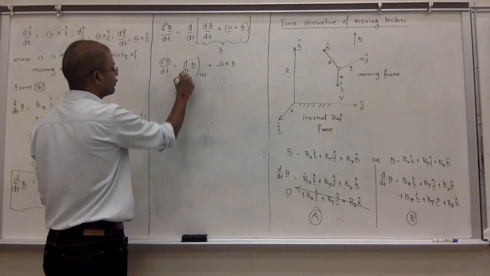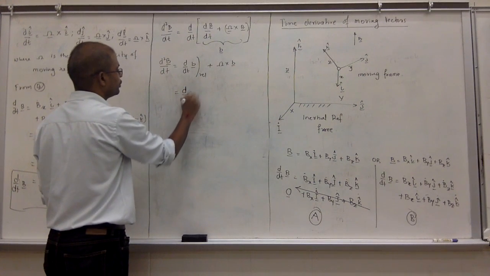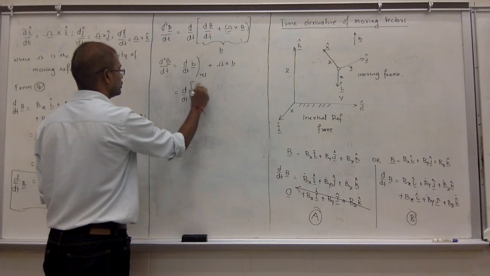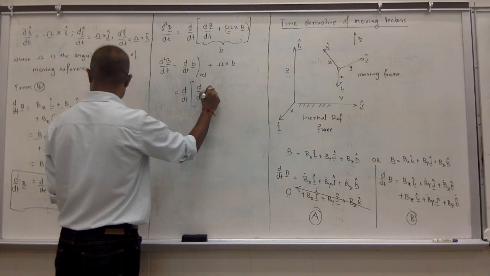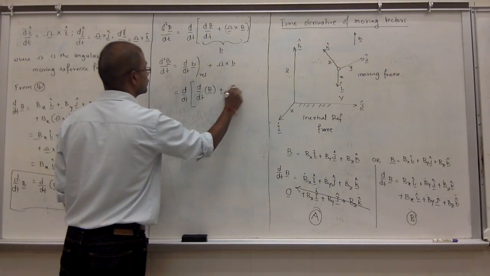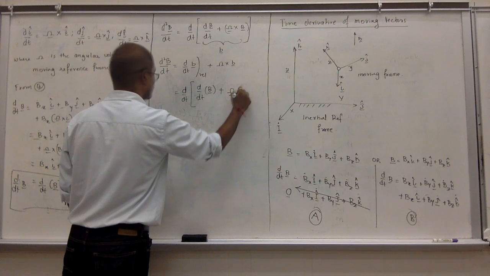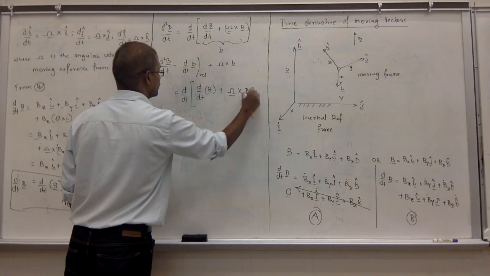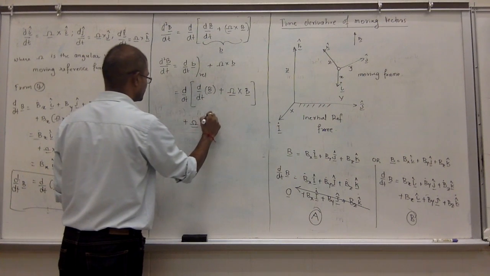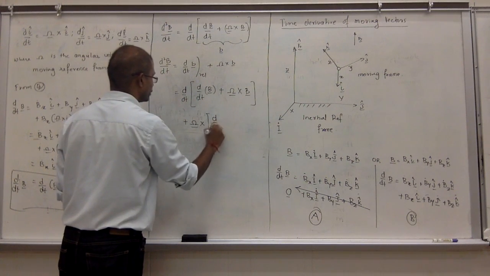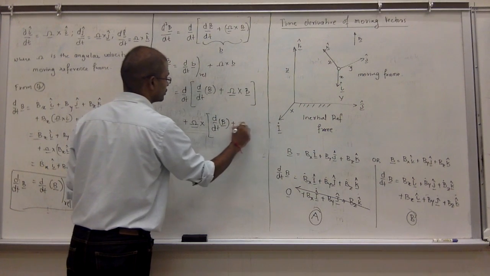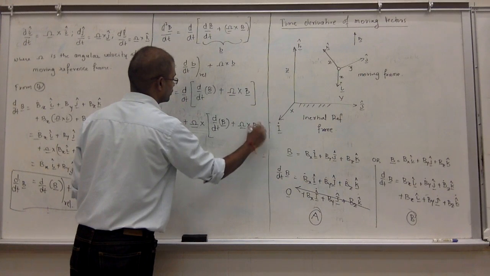And now if I substitute, what am I going to get? d over dt of d over dt of b plus omega cross with b, plus omega cross with d over dt of b plus omega cross with b.